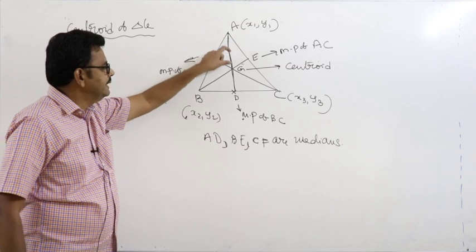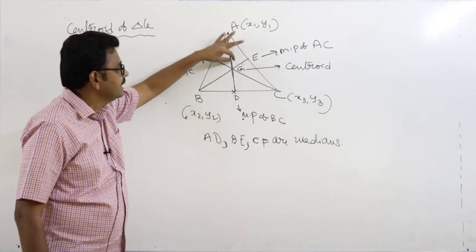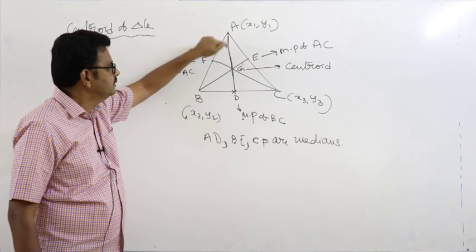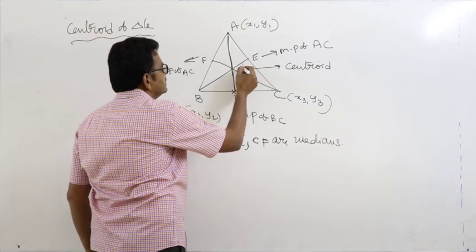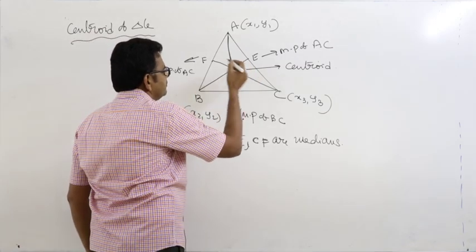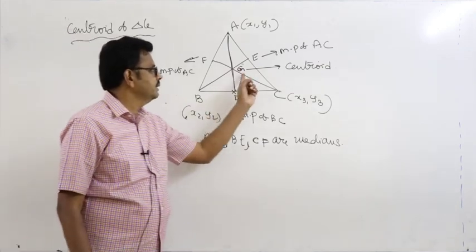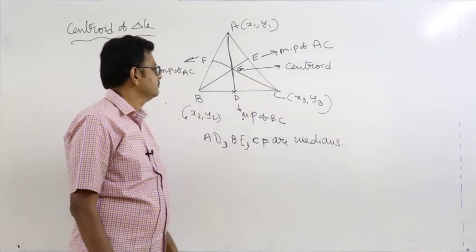So, here the medians of a triangle are concurrent. That means what? The three lines are passing through one particular point, a single point. The medians of a triangle are concurrent. The point of concurrence is called centroid of triangle, and it is denoted by G. Some name, centroid is G.